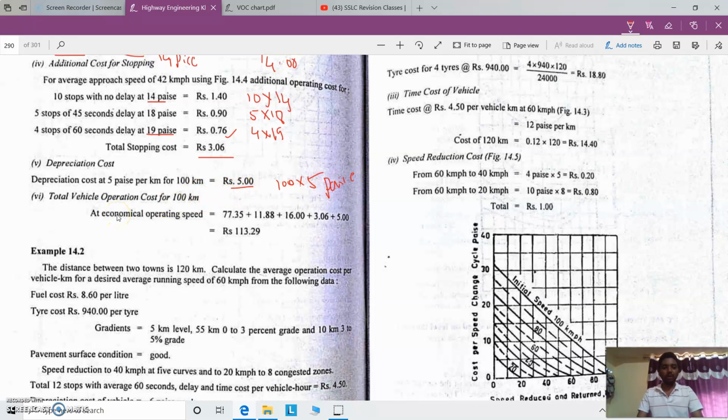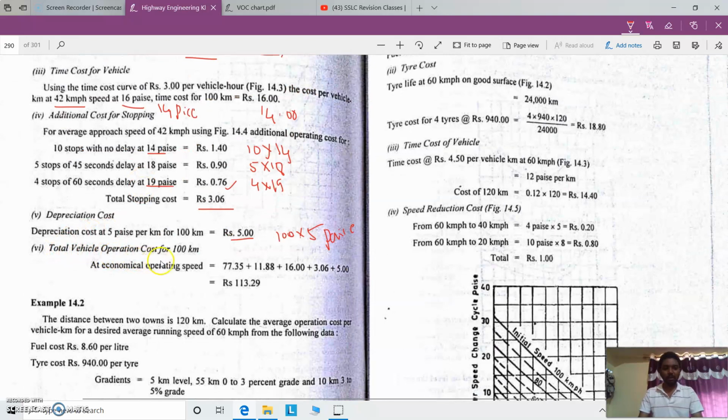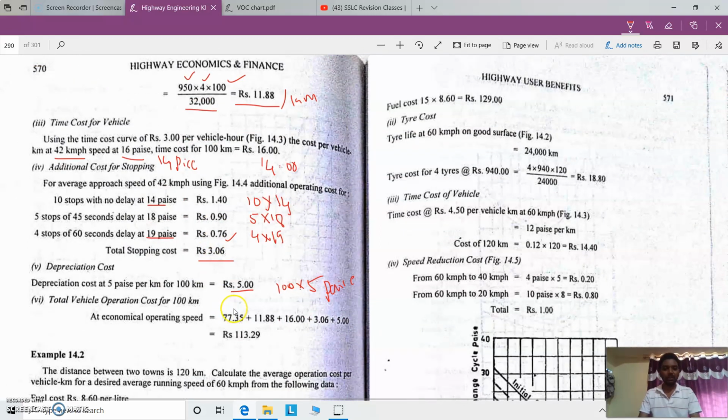So this much is asked in the question, that is problem number 1. The total vehicle operation cost for 100 km includes fuel cost, tire cost, time cost per vehicle, then additional cost for stopping, and then depreciation cost, and the total will be summed up.